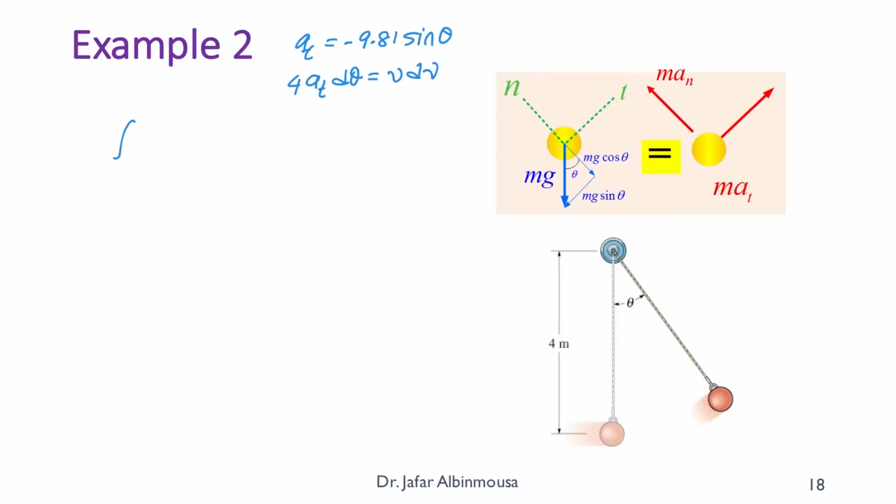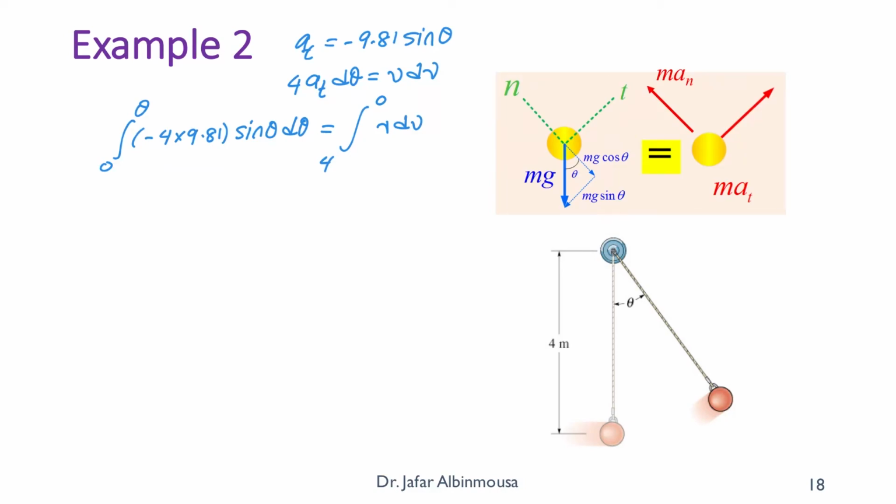I will integrate from 0 to theta for minus 4 multiplied by 9.81 sine theta d theta, which is equal to the integral from 4 meters per second to 0 for v dv.